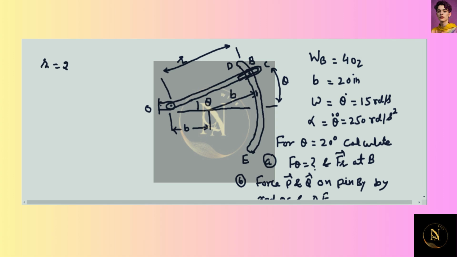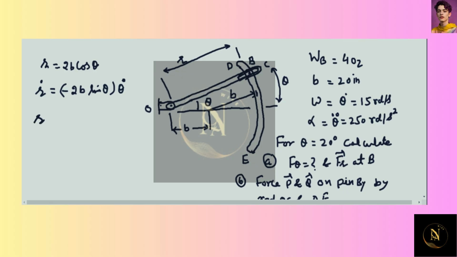Using the geometry, we can write r can be defined as 2b cos theta. So derivative of r can be defined as minus 2b sine of theta into theta dot.